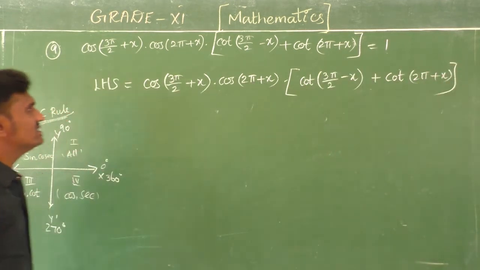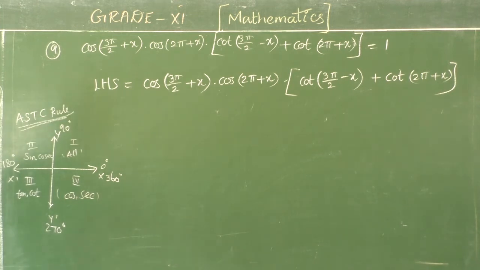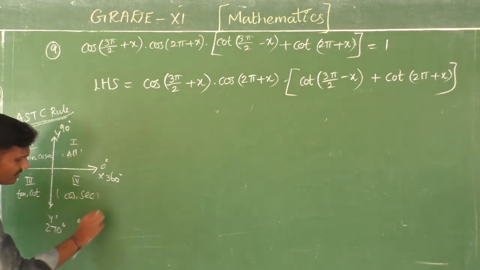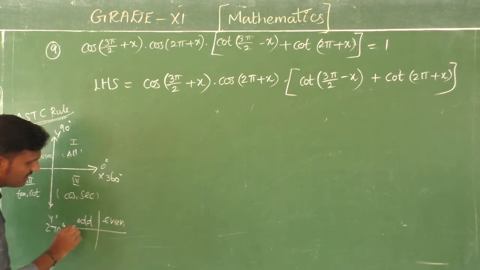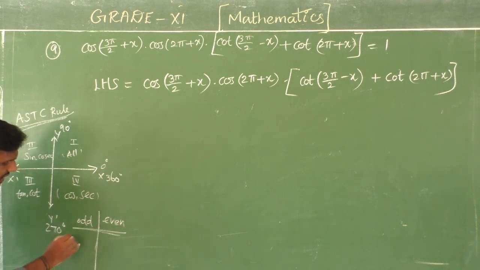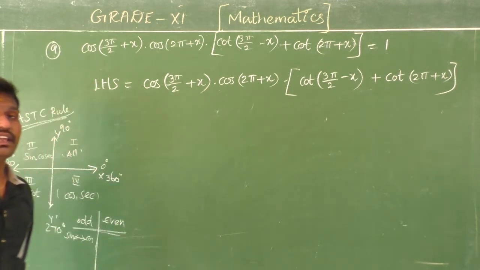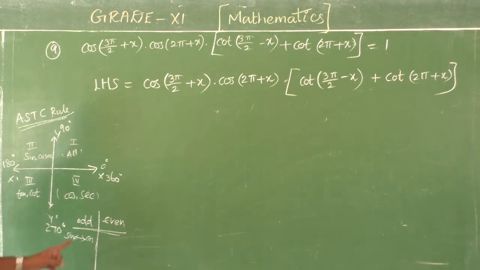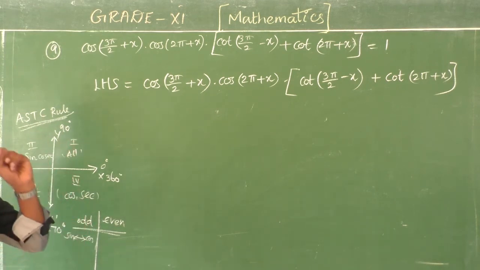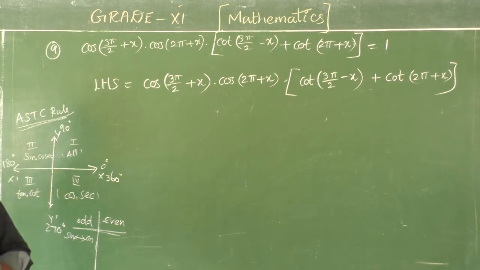Students listen, before that you should know one thing: we have odd and even. Odd function only will interchange sine to cos, cos to sine, cosecant to secant, secant to cosecant, tan to cot and cot to tan. Odd function means 90 minus, 90 plus, 270 minus, 270 plus.